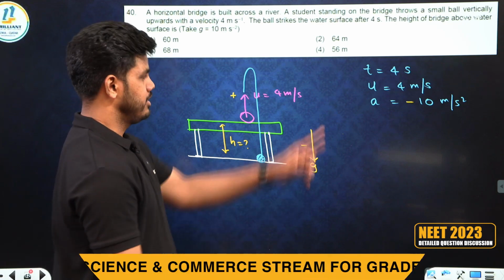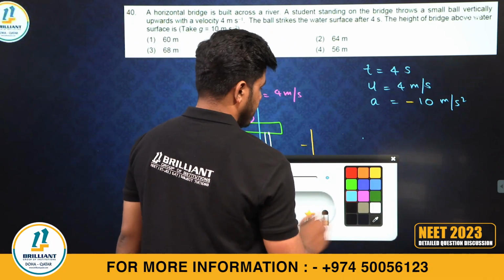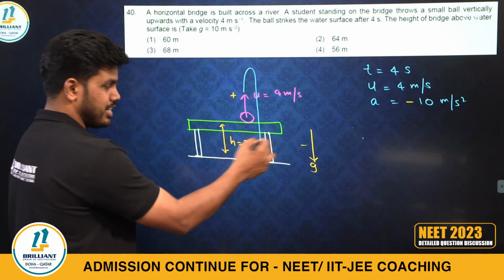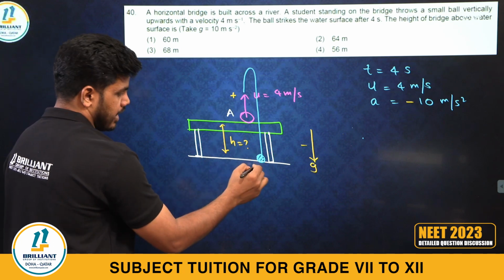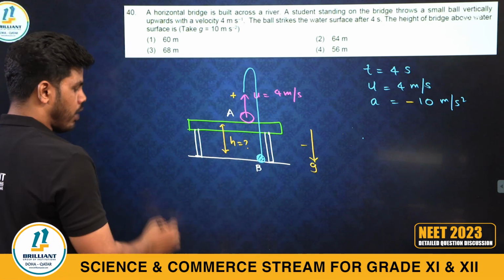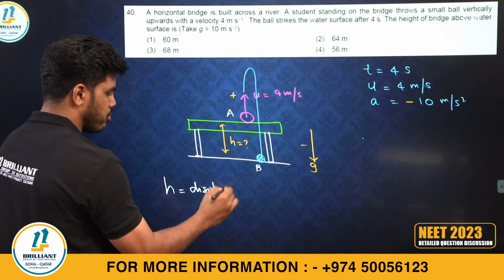Then in this case, we can say this height h is the displacement of the motion. The body started its motion from A, and it ends the motion at B. So what is that h? h is nothing but the displacement of this motion.